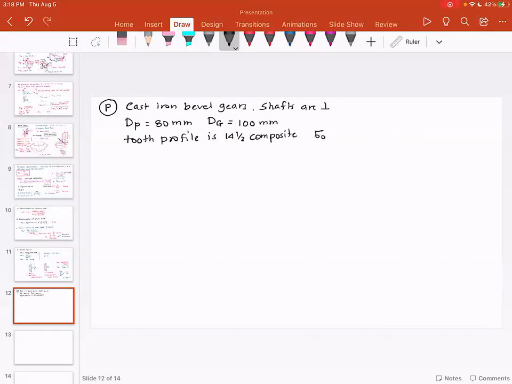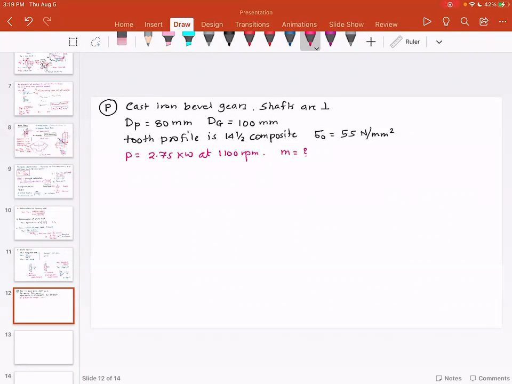Allowable static stress sigma O 55 Newton per millimeter square. If the pinion transmits, so the power transmission is 2.75 kilowatts at 1100 RPM. We have to find the module.